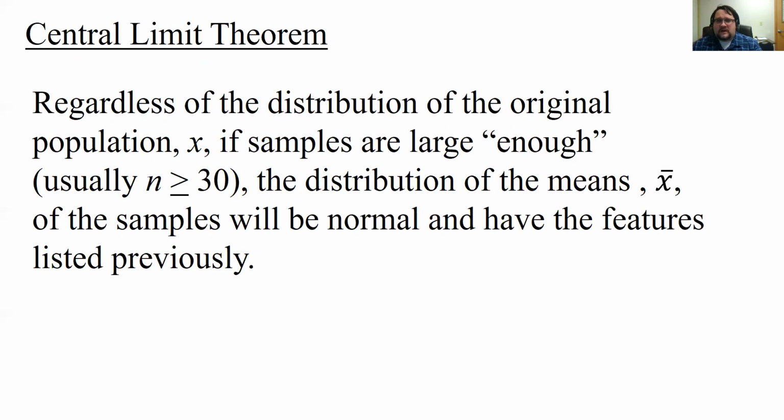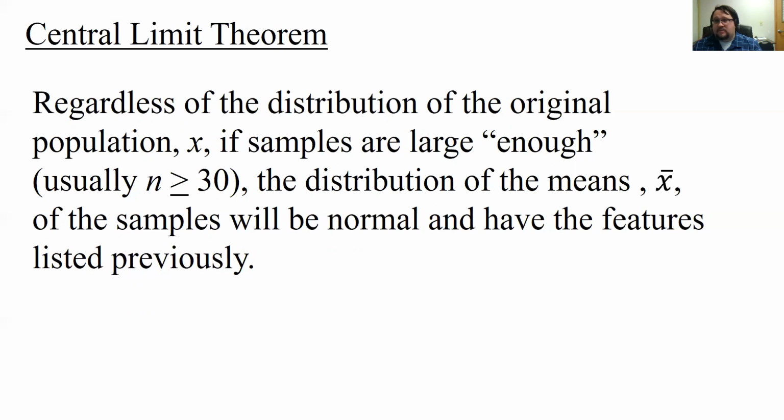This says that if you pick samples that are large enough, and what we found is that's at least size 30, then you calculate the average of those samples, and that will be normally distributed.